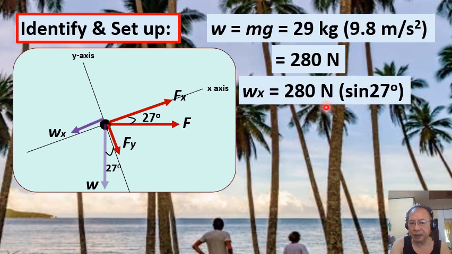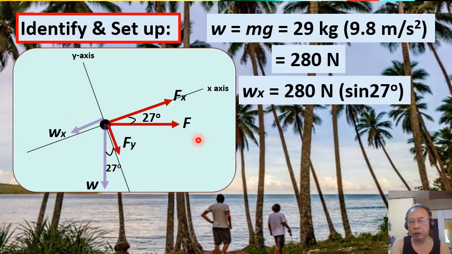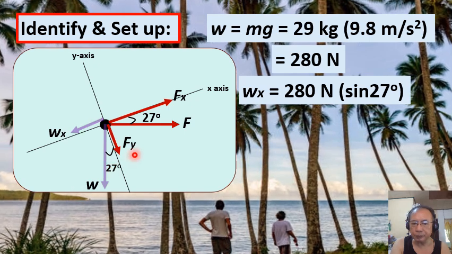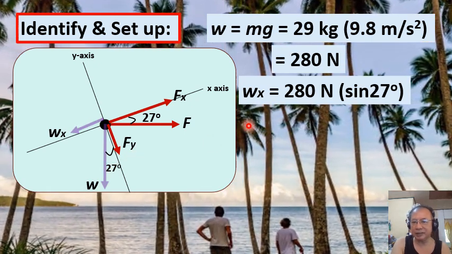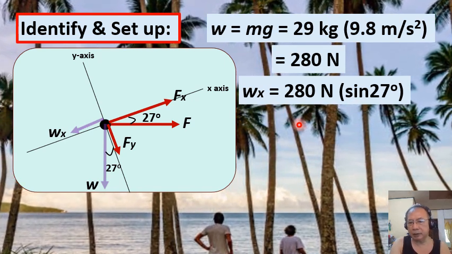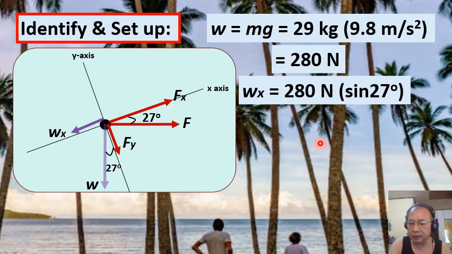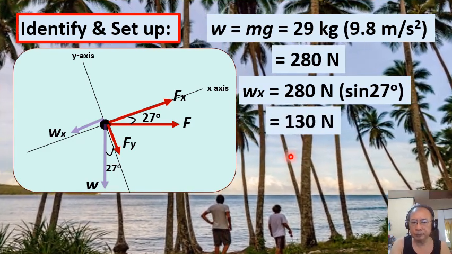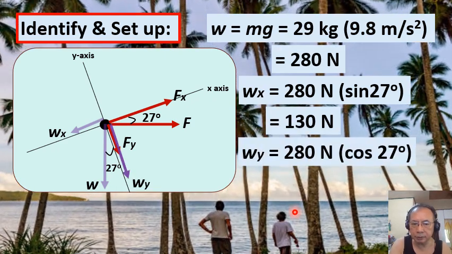It is sine because the x component of the weight W happens to be the opposite side of the angle 27 degrees. With the help of your calculator, the magnitude of Wx is 130 newtons.